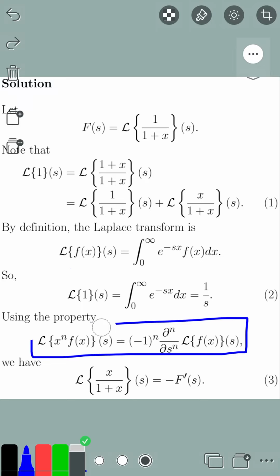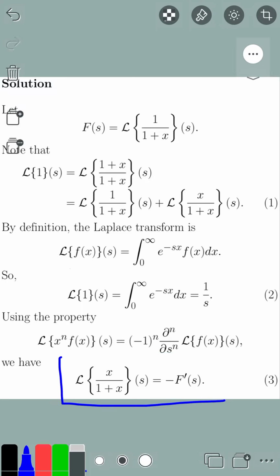Next we apply that property to the Laplace transform of x over 1 plus x. x over 1 plus x is x times 1 over 1 plus x, and here our f(x) is 1 over 1 plus x.